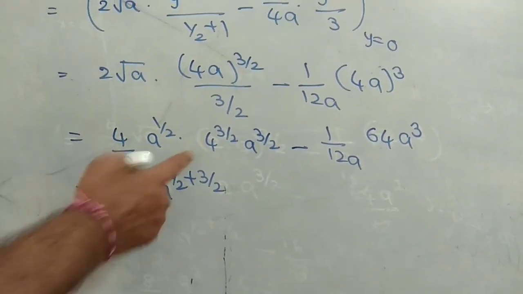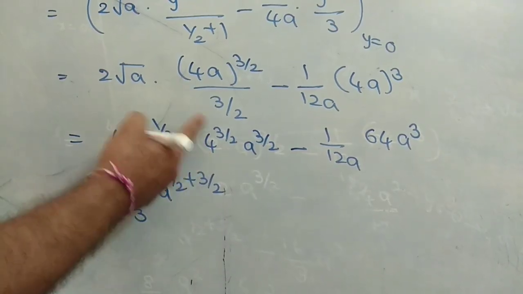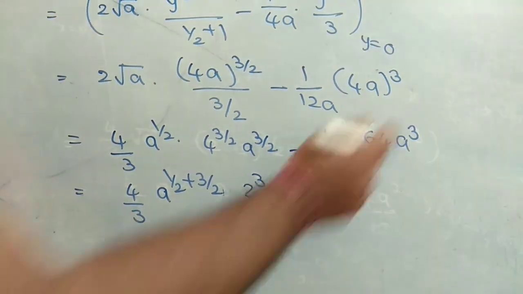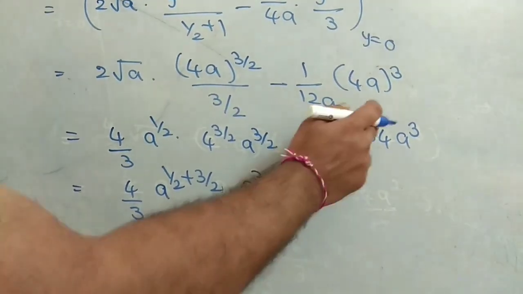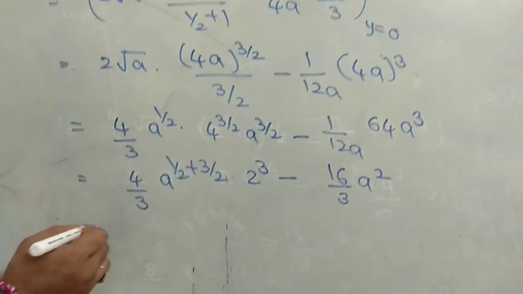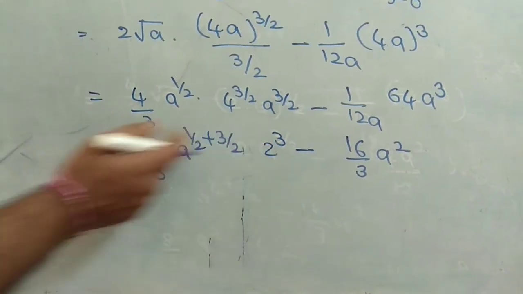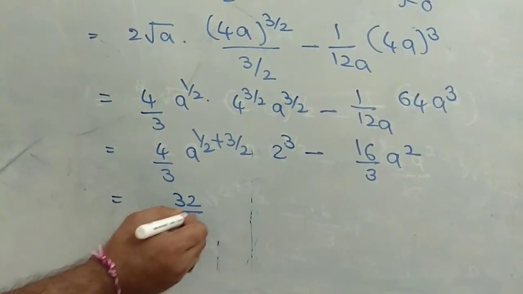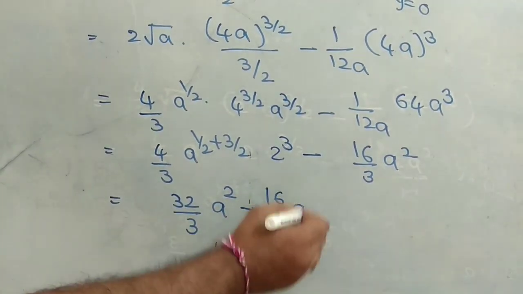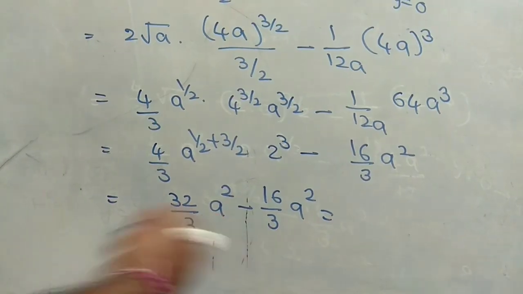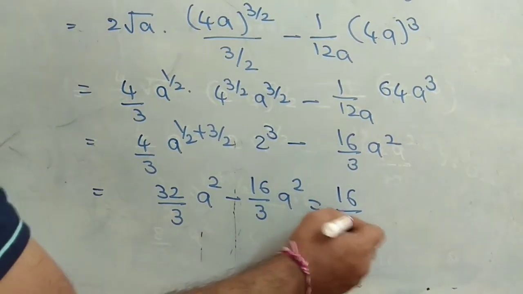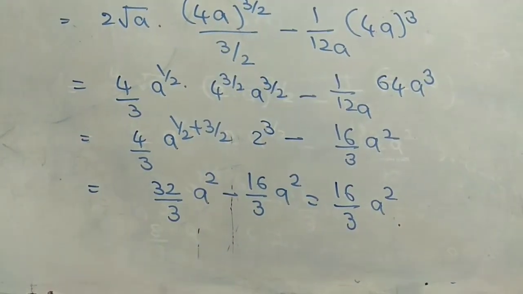When the bases are the same, 4 can be taken as 2 square, and we have 2 cube, minus 1 a is cancelled, so 4 3s are 4, 16s are, so 16 by 3 a square. Now 2 cube is 8, 8 into 4 is 32 by 3 a square, minus 16 by 3 a square. If I take a square common, 32 by 3 minus 16 by 3, you will get 16 by 3 a square. That is your final answer.